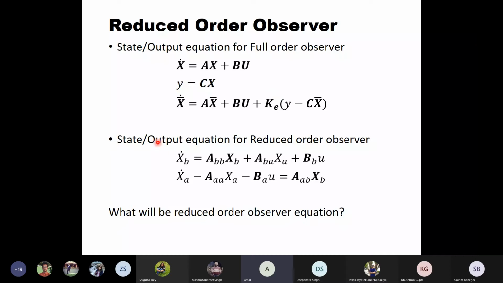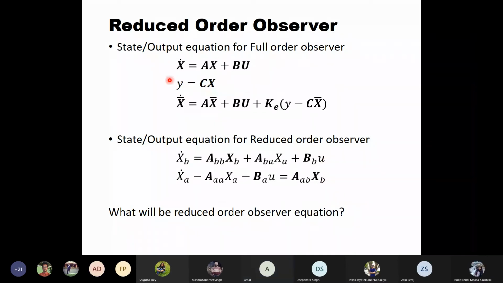Whereas the state equation for the reduced order observer is xb dot equals Abb xb plus Aba xa plus Bb u, and xa dot minus Aaa xa minus Ba u equals Aab xb.